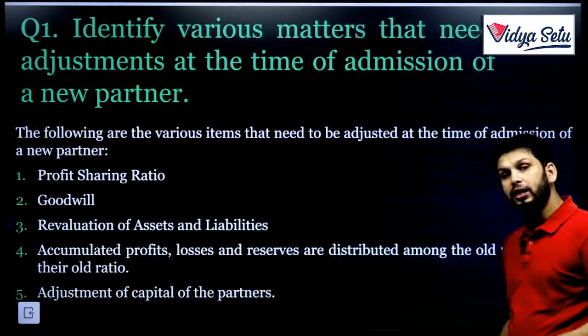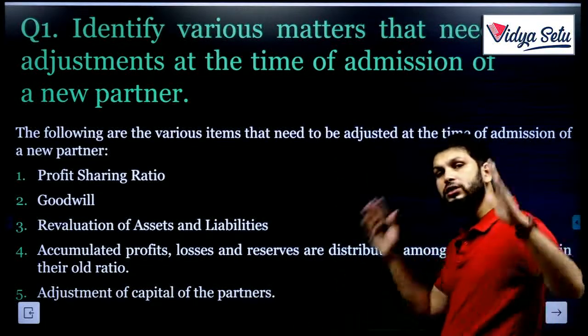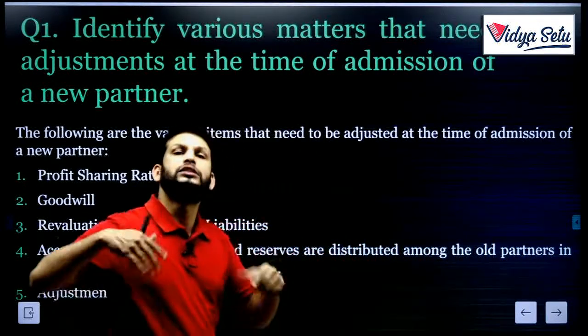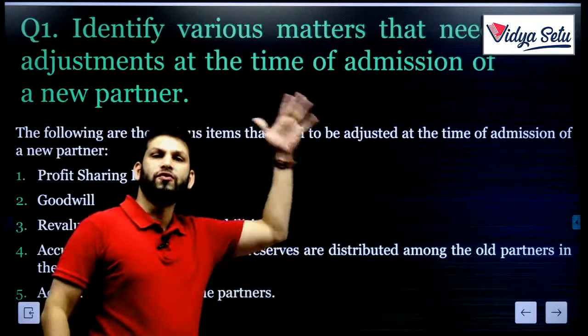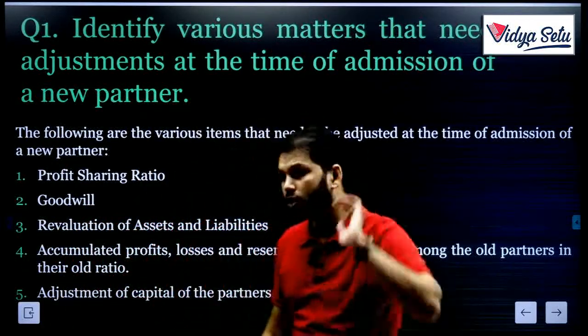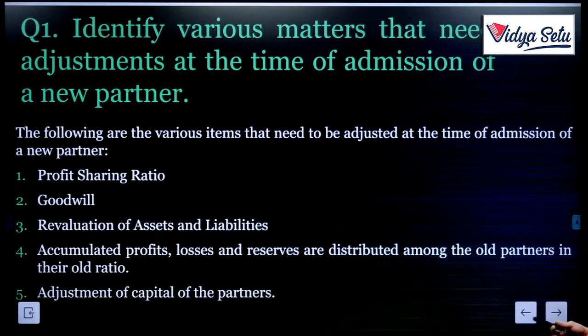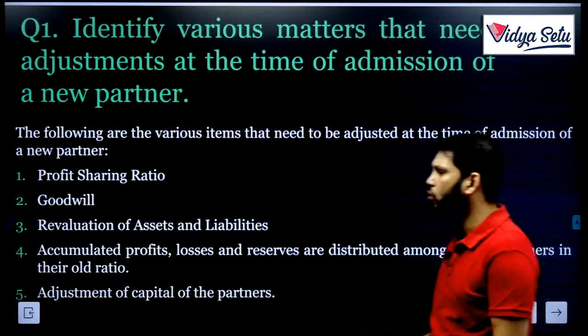Next, we deal with the old reserves, old profits or old losses. It's all old, so we give it to the old partners in their old ratio. Accumulated profits, losses and reserves are distributed among the old partners in their old ratio.